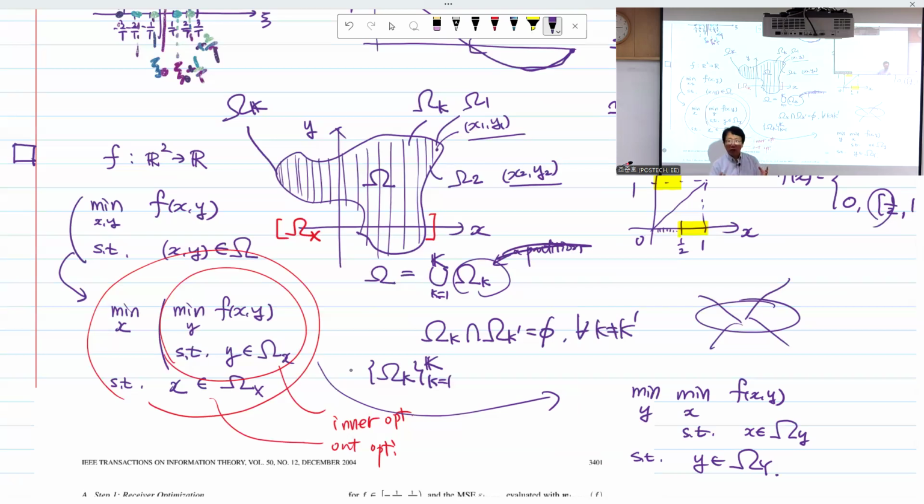So what you do is introduce a partition of the constraint set that allows you to do this conversion to double minimization and solve inner and outer optimization easily. So it's your choice. You should be able to find some partition that allows easily solving the problem. Got it?